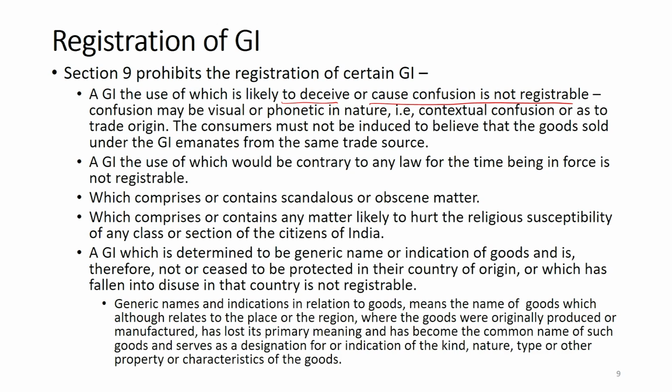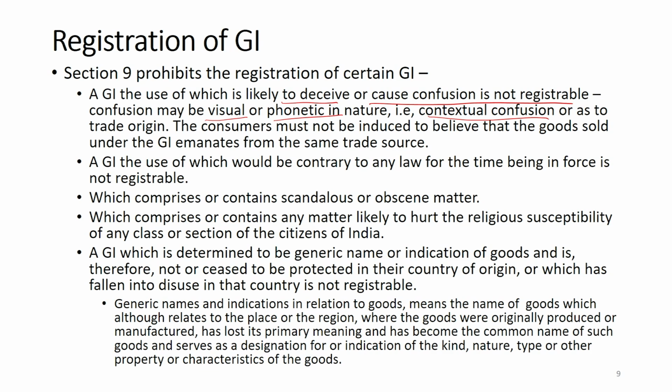We understand the meaning of deception, confusion. I said in trademarks, the confusion may be visual because of visual similarity, or phonetic similarity. So, confusion may be visual, confusion may be phonetic in nature. There may be contextual confusion as to trade origin.